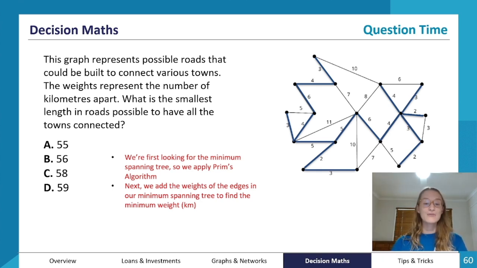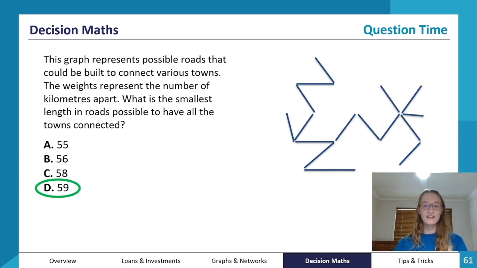So what we do next is we add the weights of the edges in our minimum spanning tree to find the minimum weight in kilometres that's required to connect all the towns. And the answer is 59 kilometres. And if I actually take away the picture from behind our minimum spanning tree, it actually gets even clearer. Like, that is so clearly a tree, because you can see we have no cycles, no loops, no multiple edges.